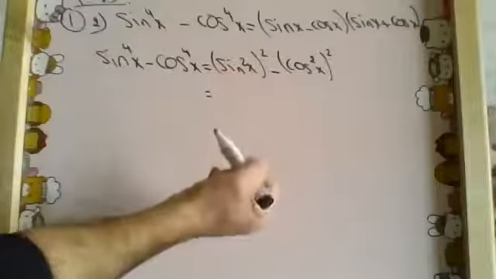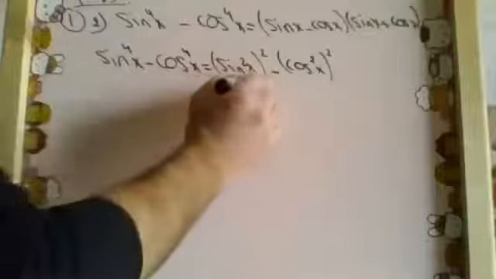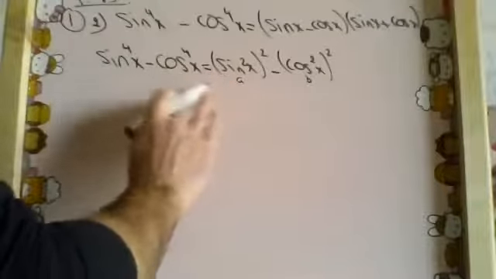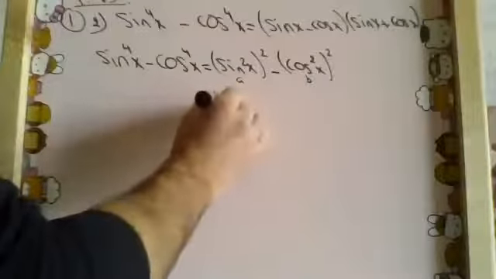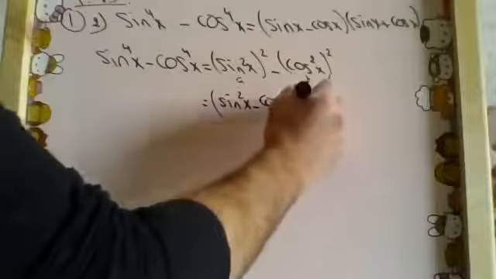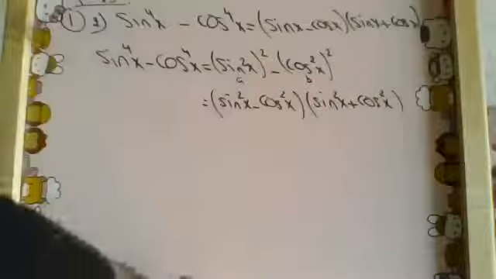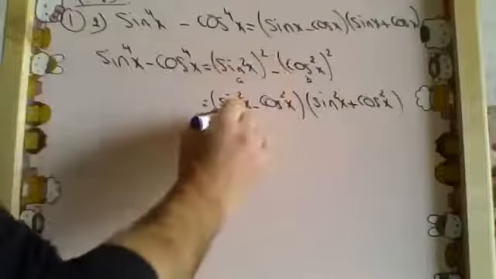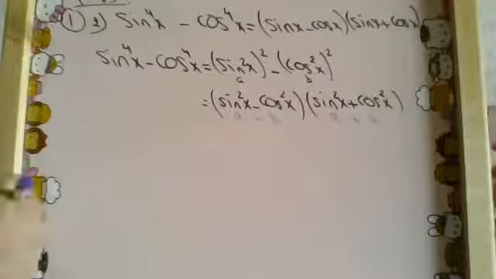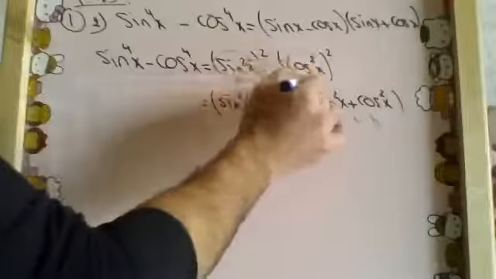Now here apply the identity a squared minus b squared, which is a minus b into a plus b. Then you'll get sin squared x minus cosine squared x into sin squared x plus cosine squared x, where a is sine squared and b is cosine squared.